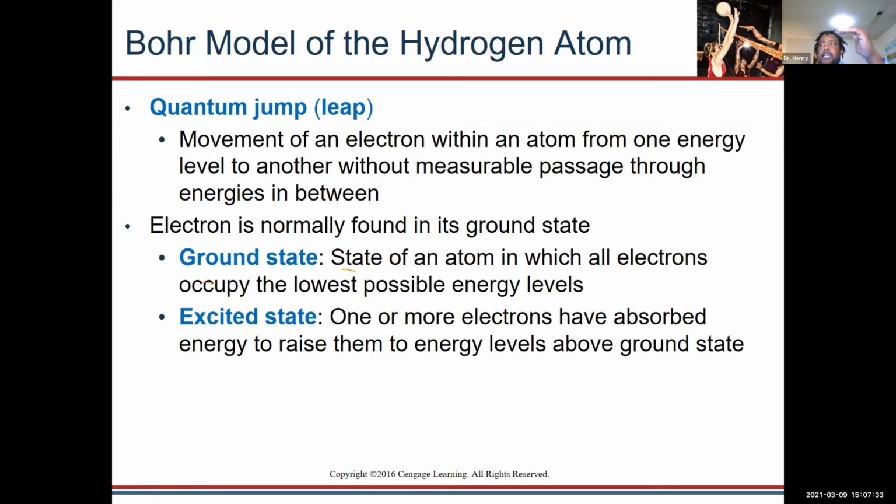It doesn't have to go in between. So that's considered your quantum jump. There's a whole show called Quantum Leap that was based upon jumping through time as a result of that energy. And as we said, we talked about ground state, and we've talked about the excited state.